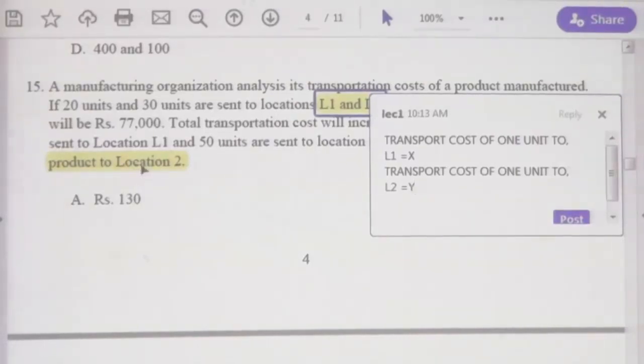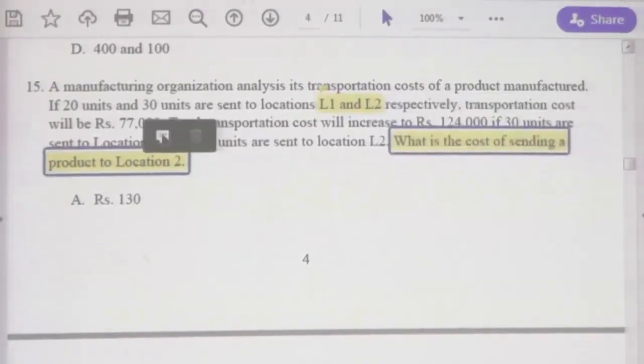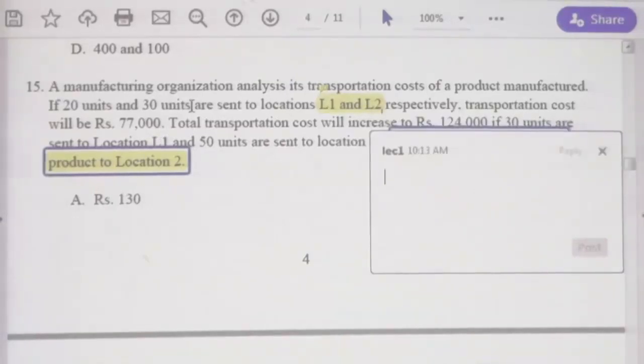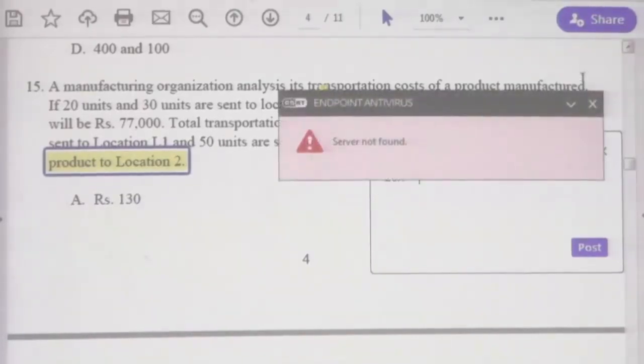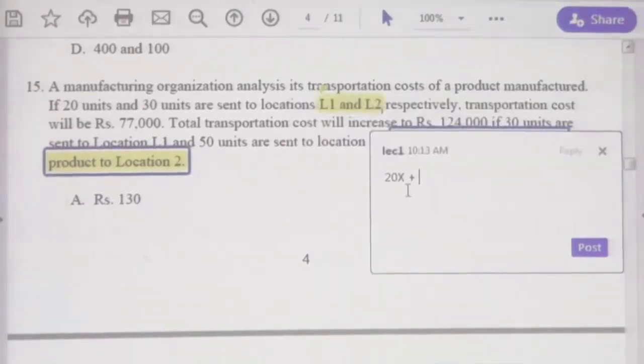Now, you can create a formula here, right? Look at the formula. If you send 20 units and 30 units to location L1 and L2, you can say 20x plus 30y equal 77,000. Why? The cost of location 1 per unit x, cost of location 2 per unit y.